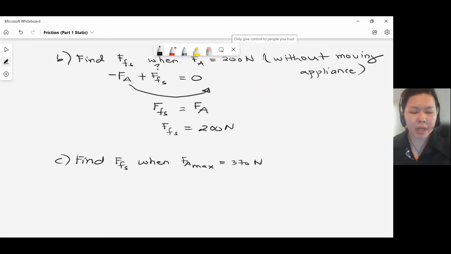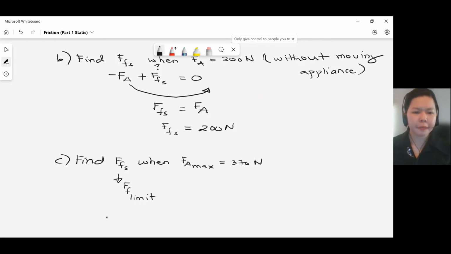Since this is the maximum pushing force before the object starts to move, our FFS will now be called FF limit, or the limiting frictional force. And we still use the same equation, but we'll just translate FFS to FF limit.